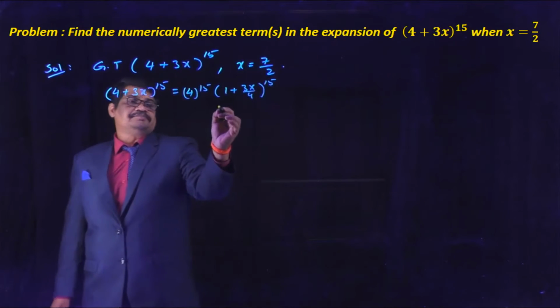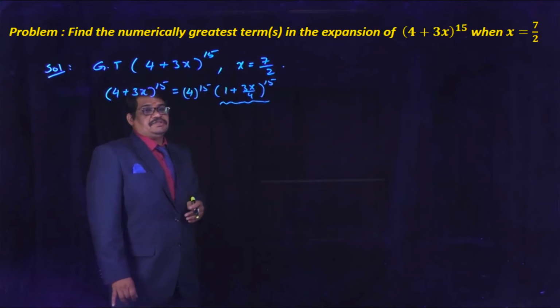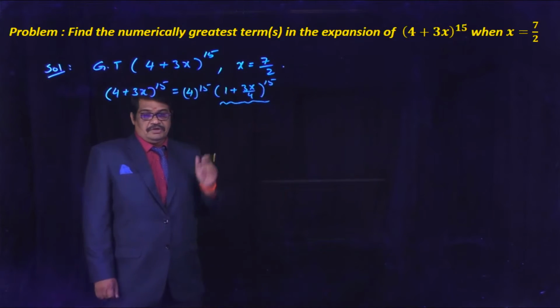Now this is the expression in the standard binomial form, (1 + x)^n.